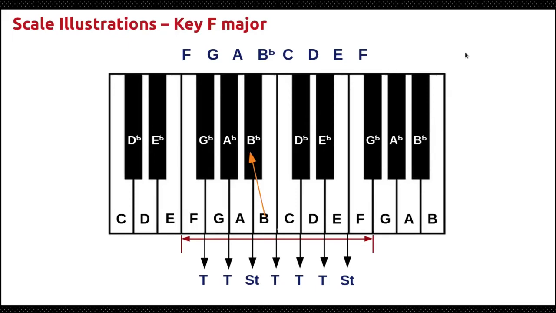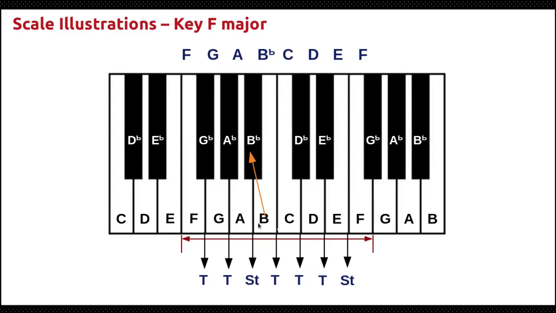All right. So let's look at the construction of the F major scale. Now, again, we list the members of the scale: F, G, A, B, C, D, E, and F. Now, in order to balance the interval rule, we have that from F to G is a tone, that's a whole step. From G to A, another whole step. Now from A to B, what we need is a half step, a semitone.